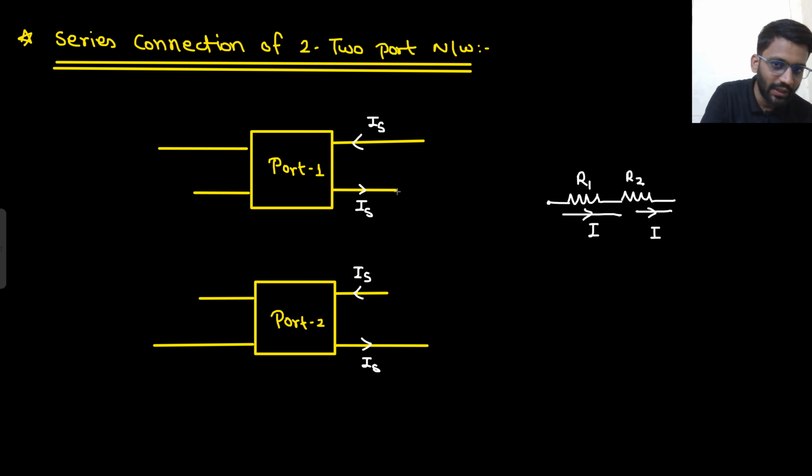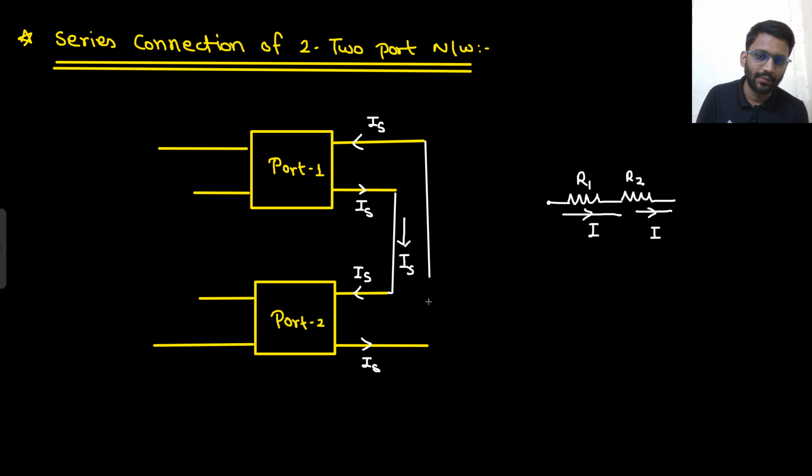The IS current is going out here, and if I connect these two, is there an issue with that? No. IS current is going out like this, and it is flowing like this. Is there an issue? No. And what about this?